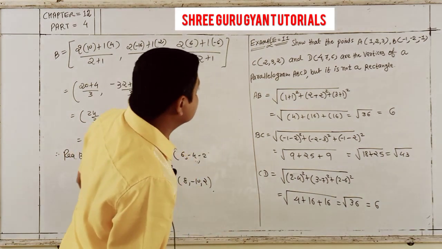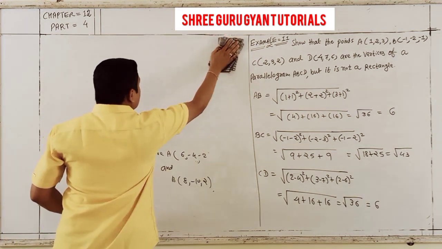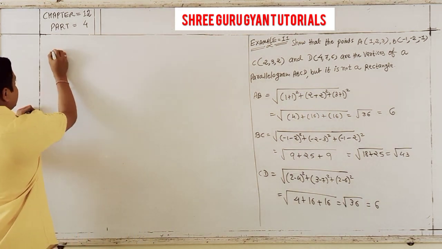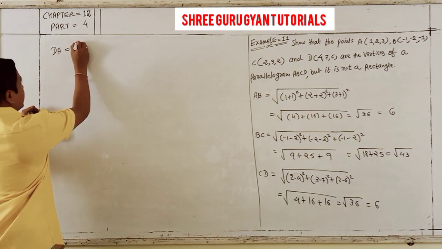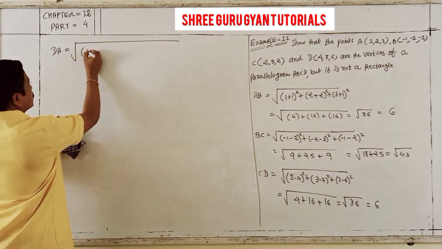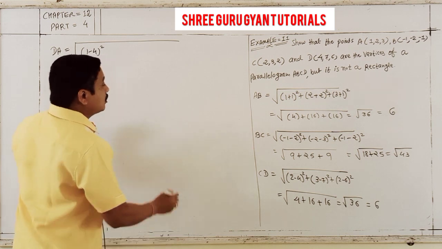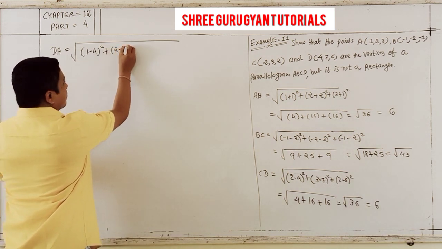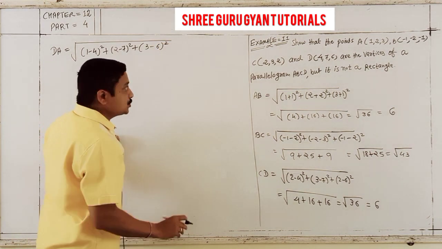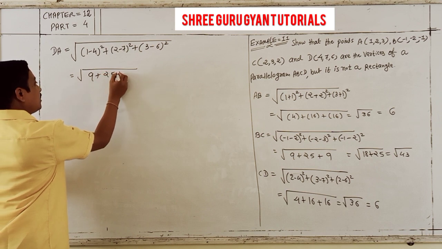Now the fourth part is the DA part. So AB, BC, CD and DA. DA, you operate in the way of D to A distance. So students, here 1 minus 4 square, secondly 1 minus 4, then 2 minus 7, and third 3 minus 6. So your answer is 3 square 9, 5 square 25, 9.